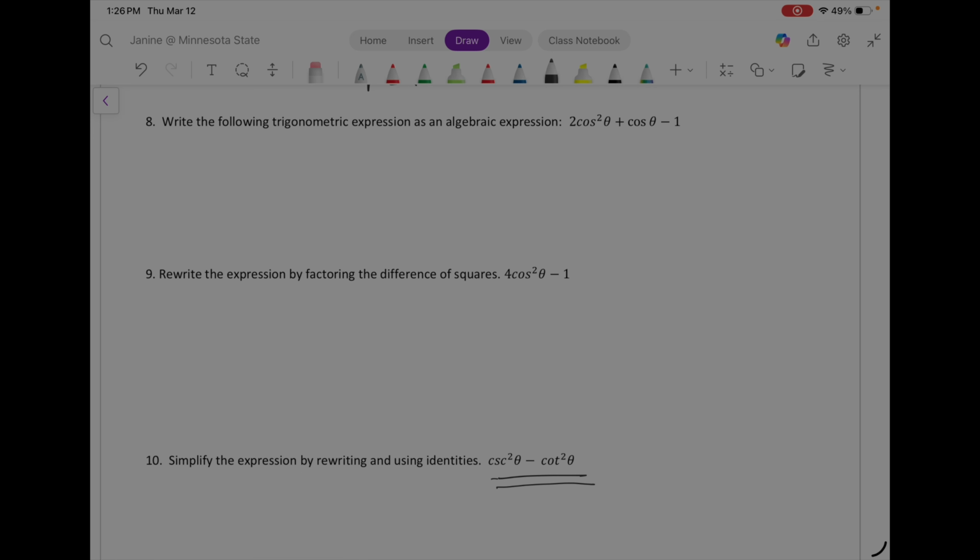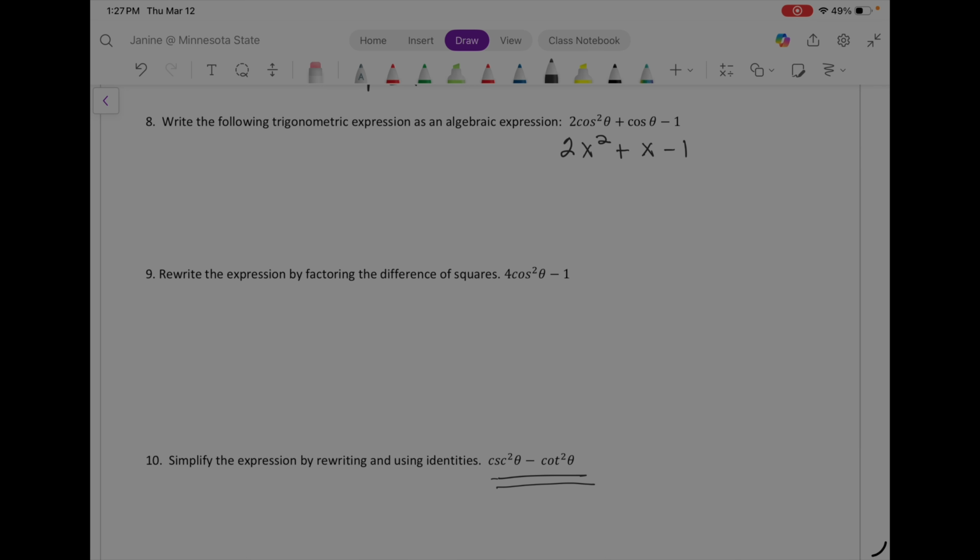Next, here with this number 8, you're going to notice that, well, maybe sometimes you will notice that some of them look algebraic, and so maybe we can manipulate trig functions the same way we would algebra. So to me, when I see this, it looks like 2x squared plus x minus 1. Now, they're not asking us to prove anything or show anything.